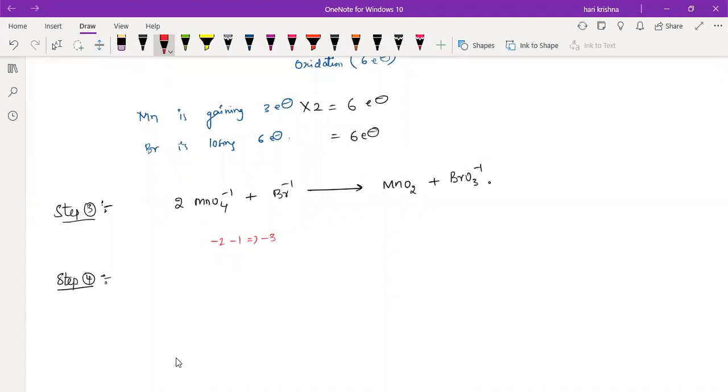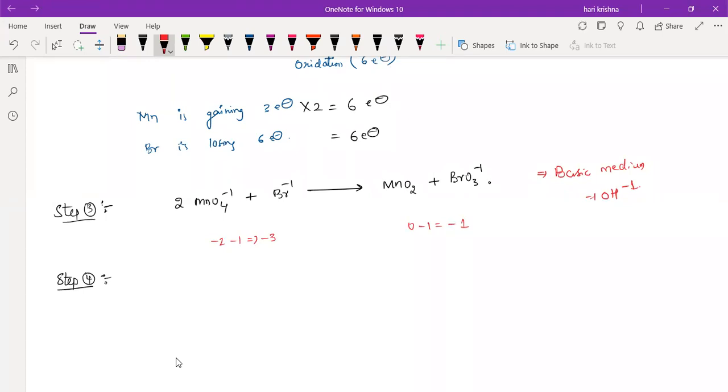What about the product side? Minus 1. The reaction is taking place in the basic medium, right? Yes, sir. In the basic medium, what do you have to add? OH minus. Is OH a minus charge or plus charge? OH is a minus charge.